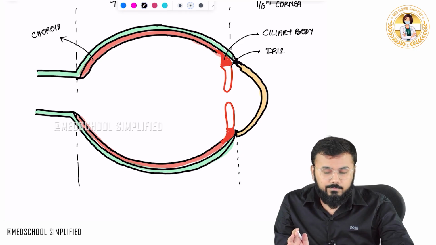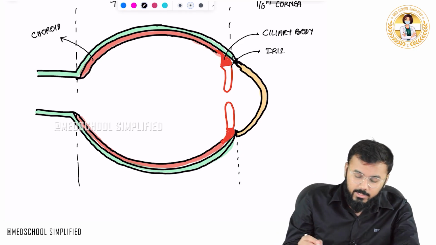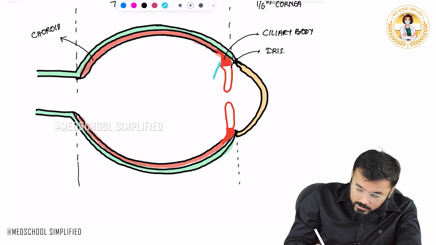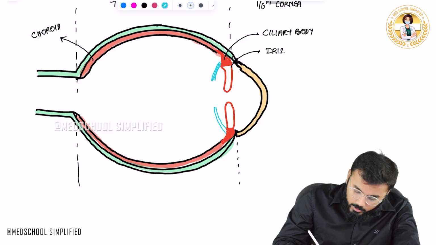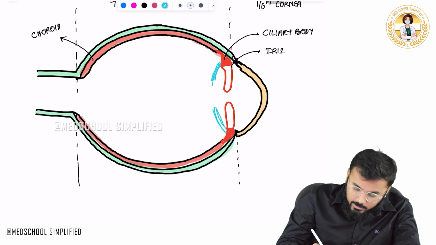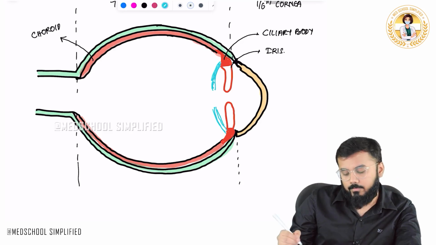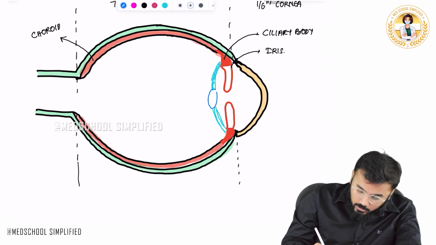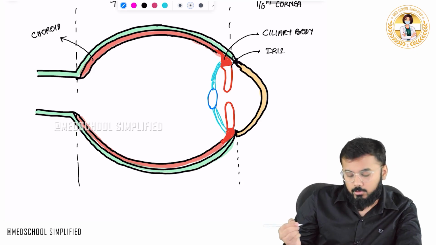Now after this, the next important thing is that from the ciliary body, from above and from below, you see some fibers that are hanging down. What are these fibers doing? These fibers are holding a structure in its position.